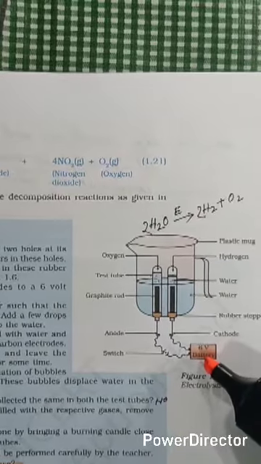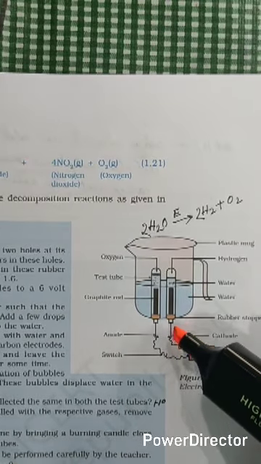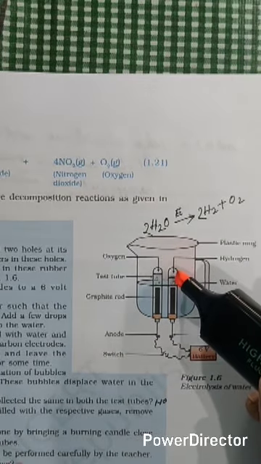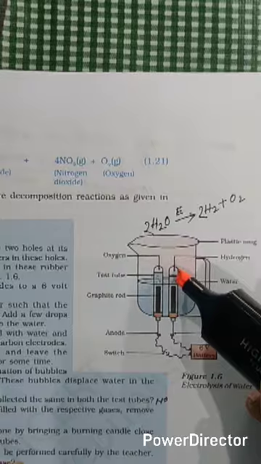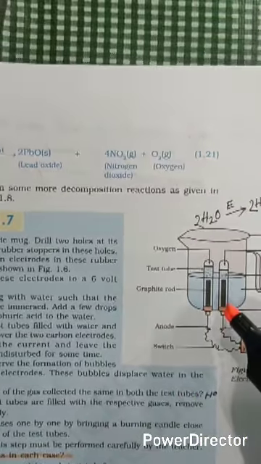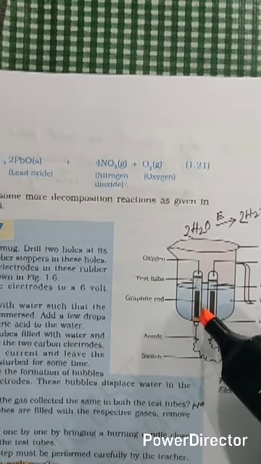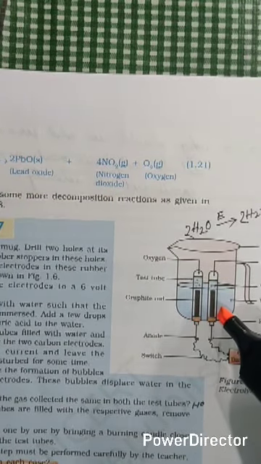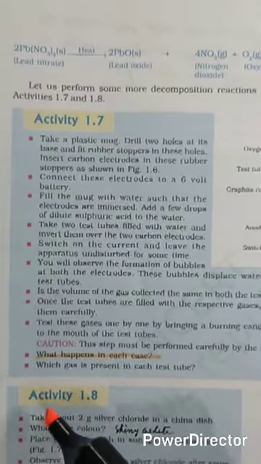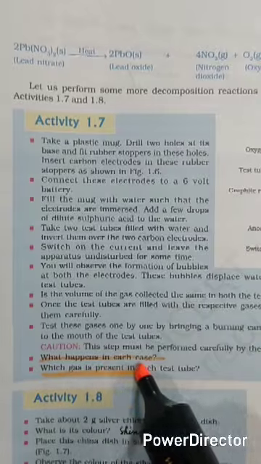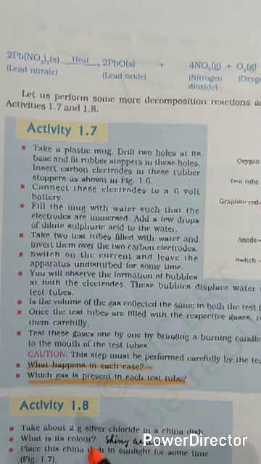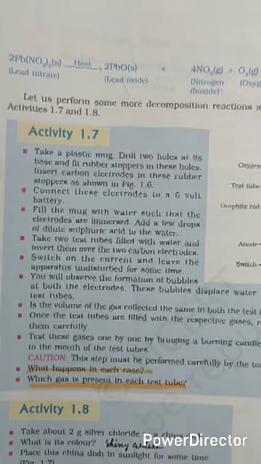On the other hand, at the cathode side, the negative side of the battery, hydrogen gas evolves. And you see the amount of hydrogen gas is double the amount of oxygen gas. Okay, so second, which gas is present in this test tube? As I already told you, hydrogen gas and oxygen gas.